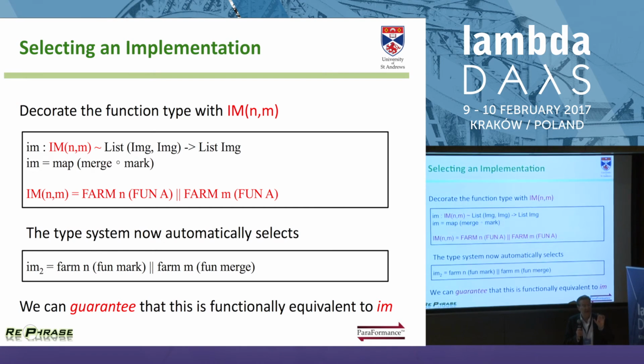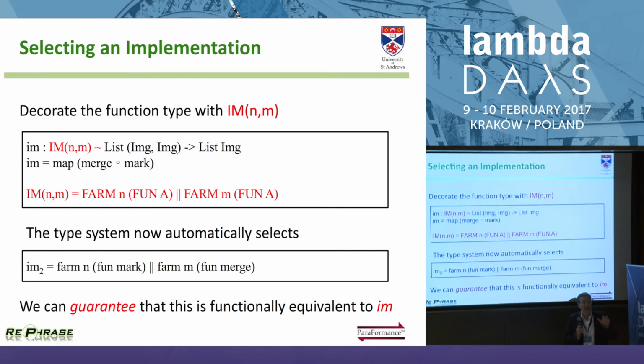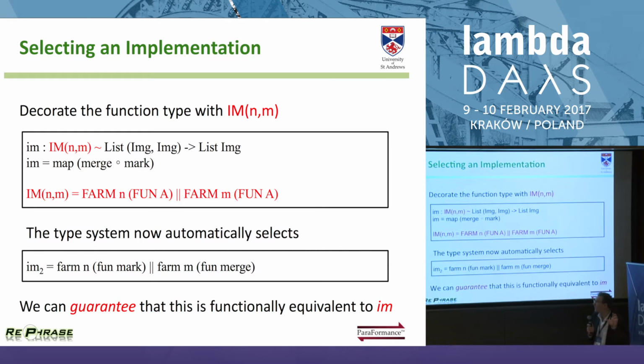So the stuff in red is now the parallelization, a bit like a type class, if you're familiar with those in Haskell. So if I define IMNM to be the stuff in red, the farm of n over some function of type A, and farm of m over some function also of type A, then what I've done is to define one possible parallel implementation simply by specifying the type.